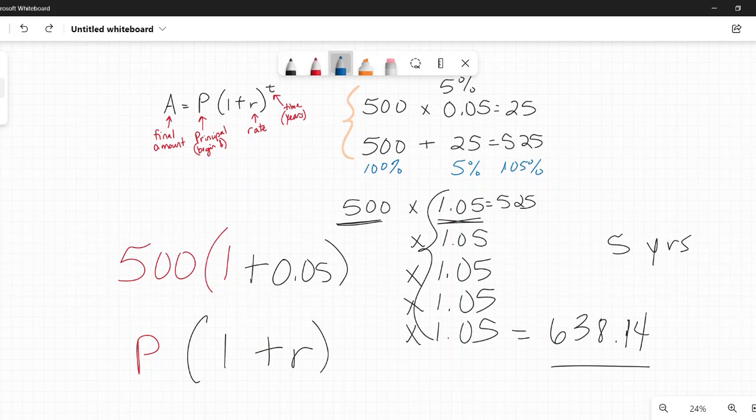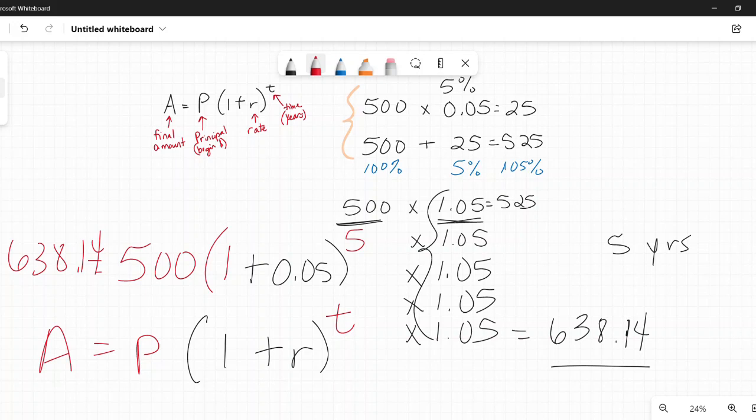So I did it to the power of 5. And 5 was the number of years. And what did I get? I got $638.14. Means I got my final amount. So that's where this all comes from.